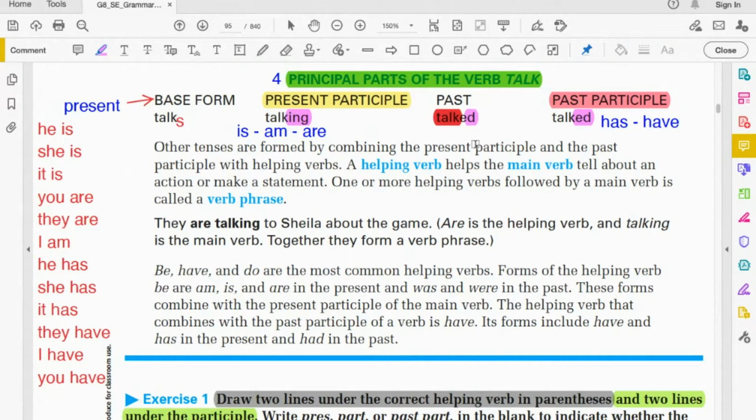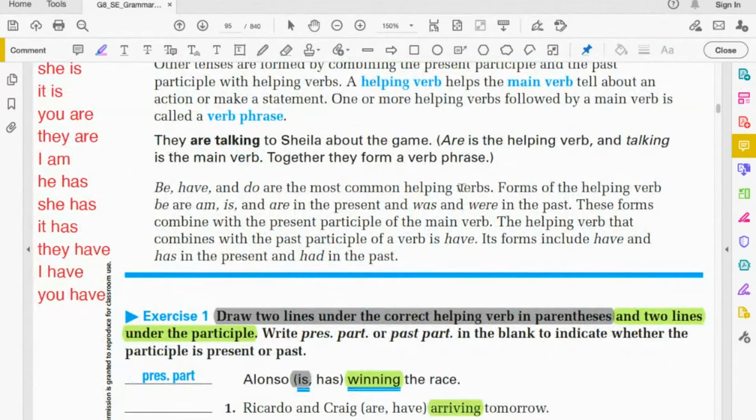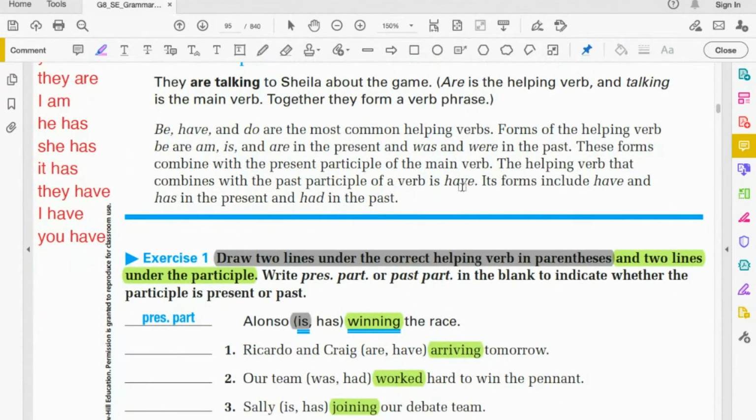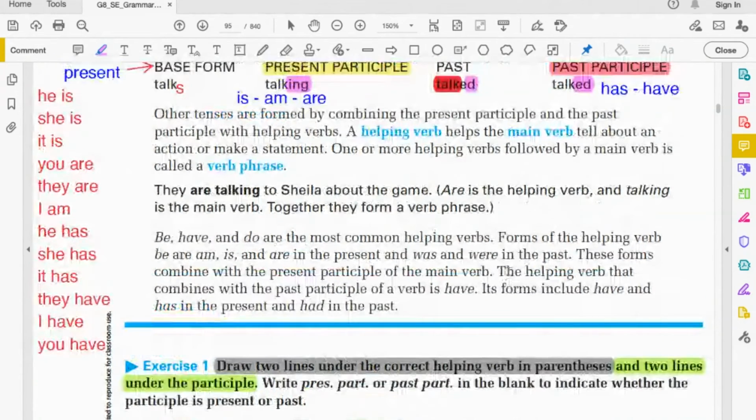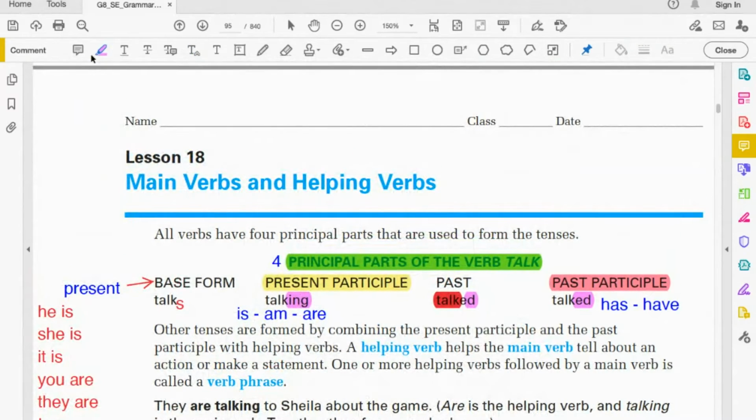Now you can either draw two lines or highlight the helping verb, or you can draw two lines and highlight the participle. My suggestion as we go through these sentences is to first find what is the participle verb that is being labeled in the sentence.